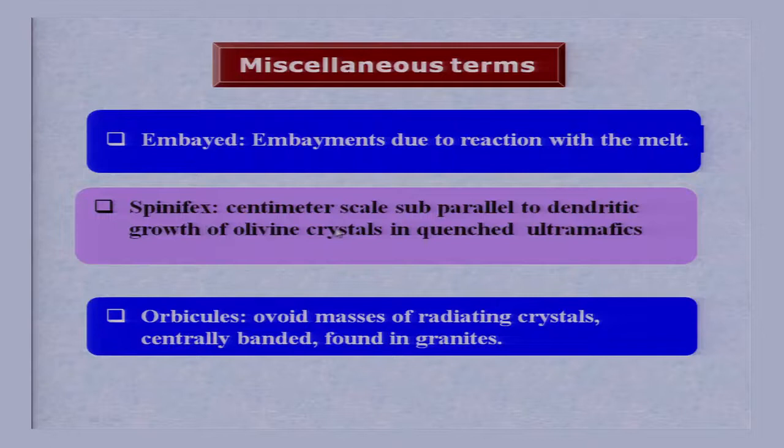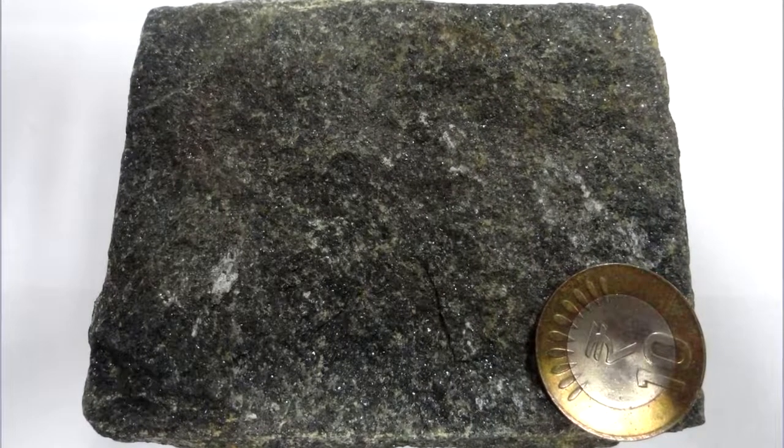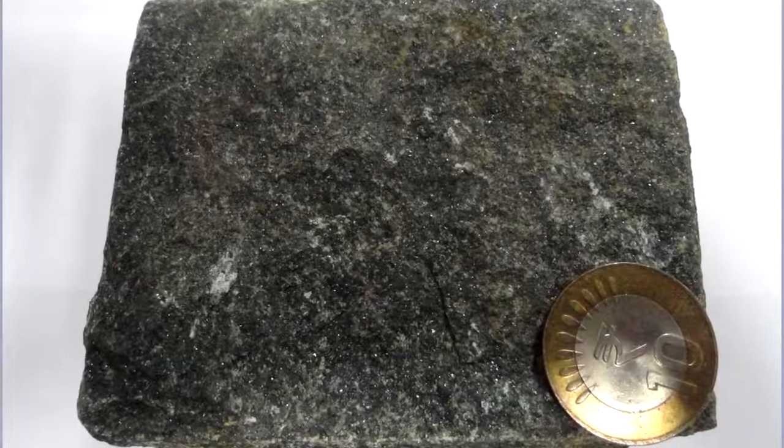Spinifex texture: centimeter scale, subparallel to dendritic growth of quenched olivine crystals. The best example is komatiite, the ultramafic rock. Ultramafic rock is normally crystallized under deep seated, plutonic conditions, but because of sudden quenching of ultramafic magma, it develops fine grained plate-like crystals, and these crystals are distributed randomly, giving rise to a texture known as spinifex texture.